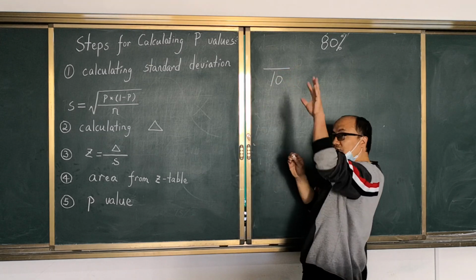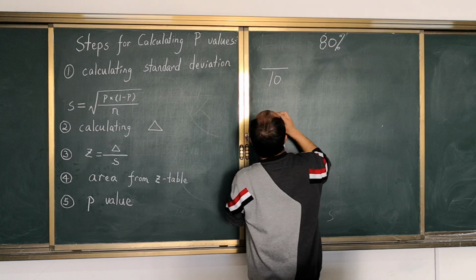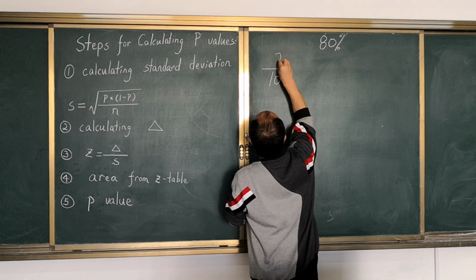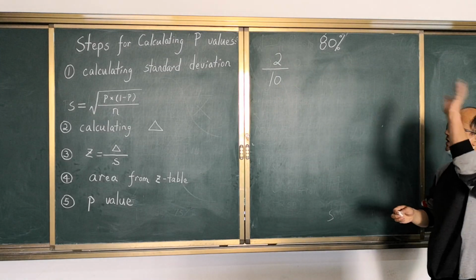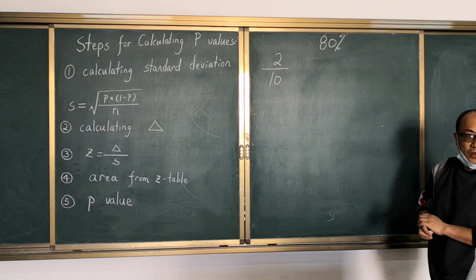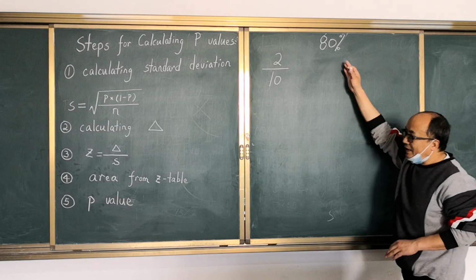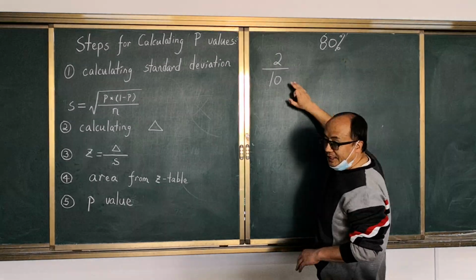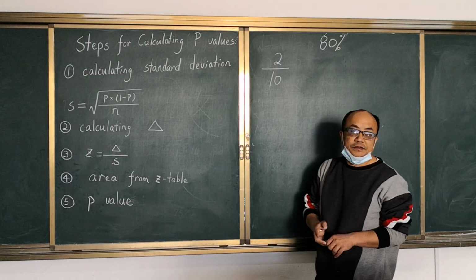He did turn shoot in front of you. And let's say he made only two in. He shoots 10 times, only two go in. Okay, now with this information, we can go all the way to the p-value.